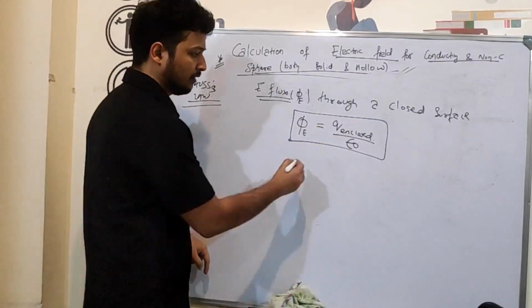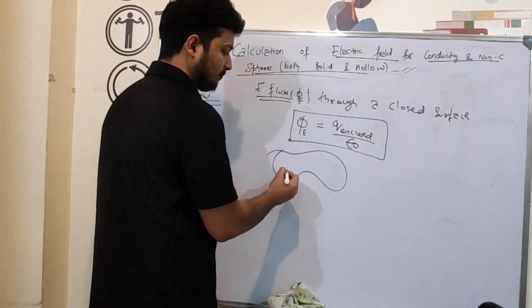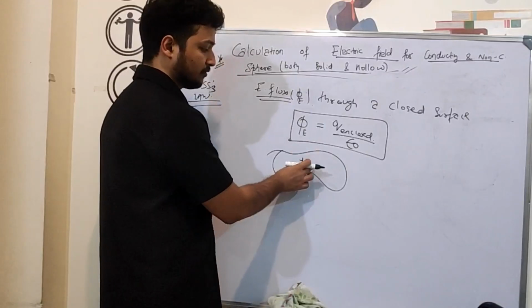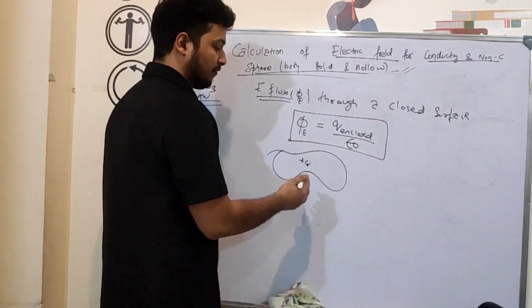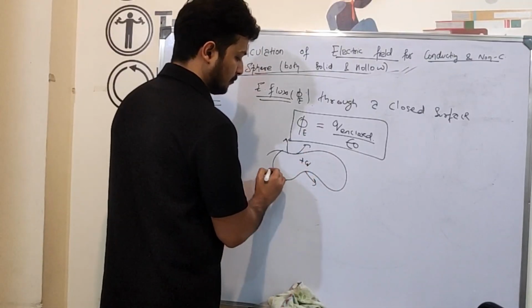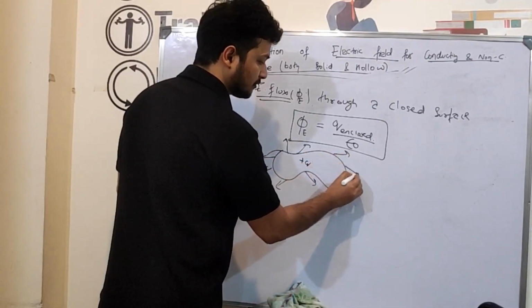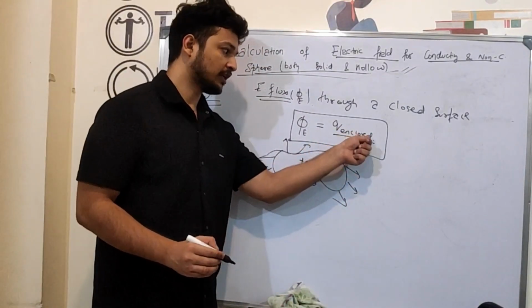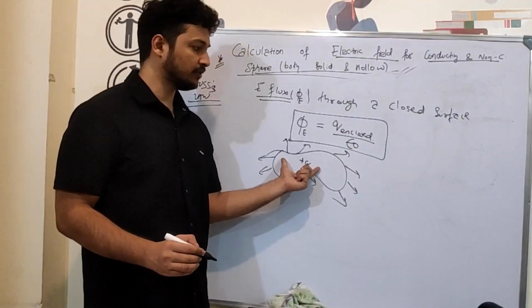Like if this is the surface and there is a charge situated here, the net flux going out of the surface because of the charge inside the surface will simply be equal to the total charge enclosed inside this Gaussian surface divided by epsilon naught.